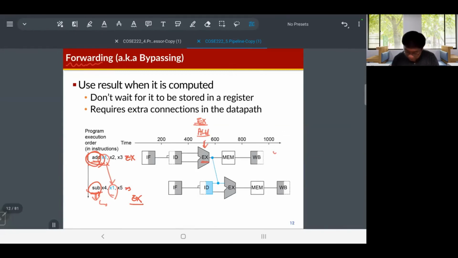So at this point, the result of the add instruction is produced. So at this point, the processor has the result of this add instruction.